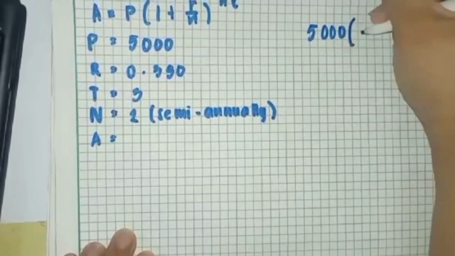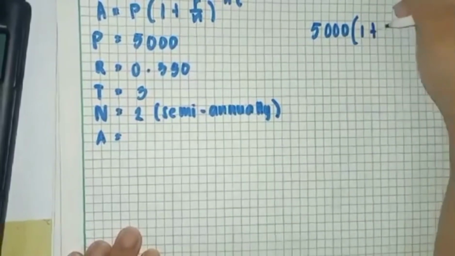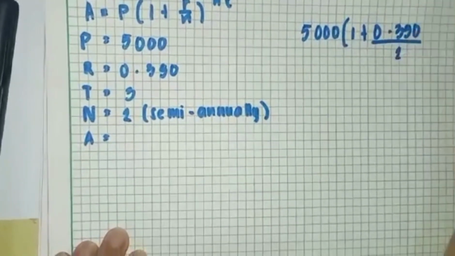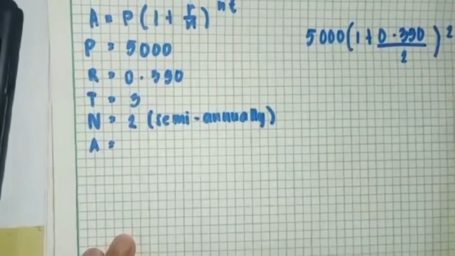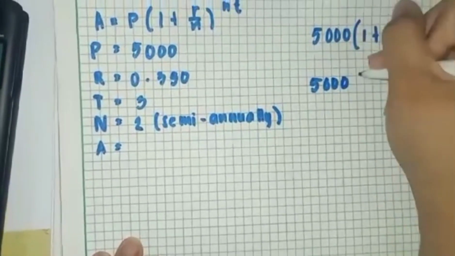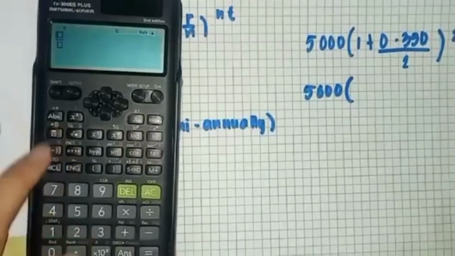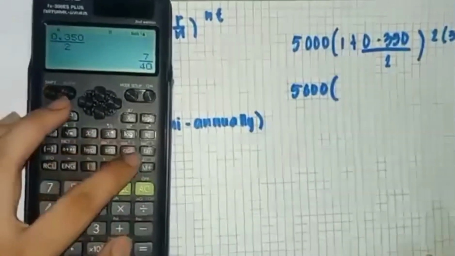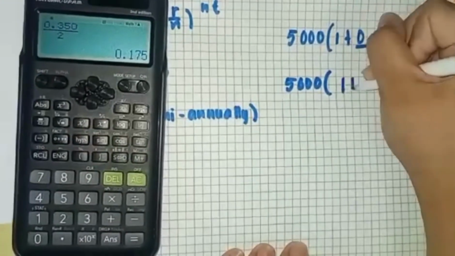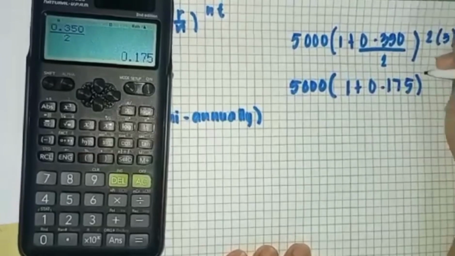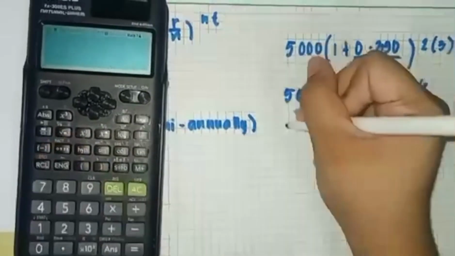5,000 multiplied by 1 plus 0.350 over 2 raised to the power of 2 times 3. Again, let us input the principal and solve for 0.350 over 2, which is 0.175. So it would be 1 plus 0.175 raised to the power of 2 times 3, which is 6.